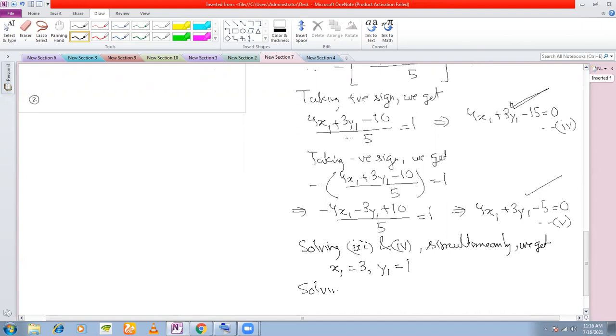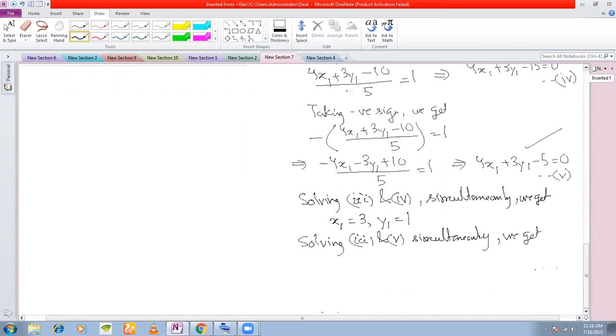Solving 3 and 5 simultaneously, we get x1 is equal to minus 7 and you'll get y1 is equal to 11. So therefore, what are the coordinates?